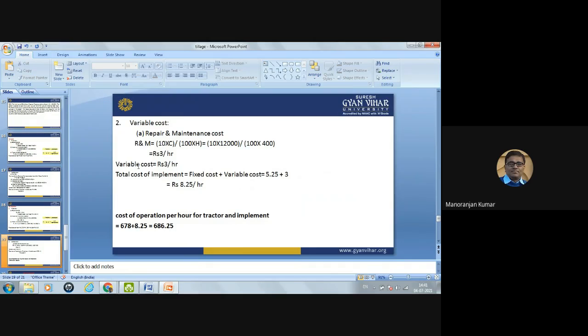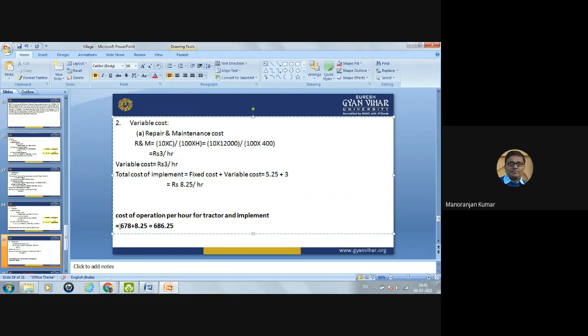Now you have to add the fixed cost plus variable cost. Fixed cost is 5.25 plus variable cost is 3. So it is coming to rupees 8.25 per hour. So this is the total cost of the implement. Okay. Now here you have calculated the total cost of the tractor as well as the total cost of the implement. Now for the cost of operation per hour for tractor and implement, you have to add the two.